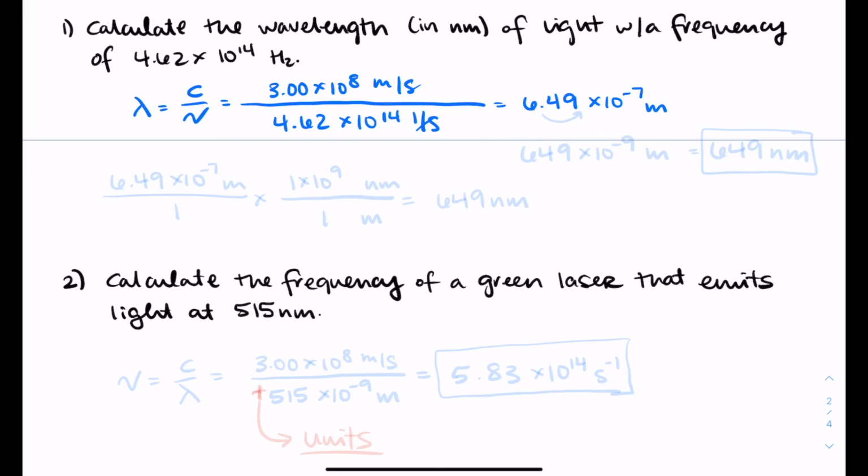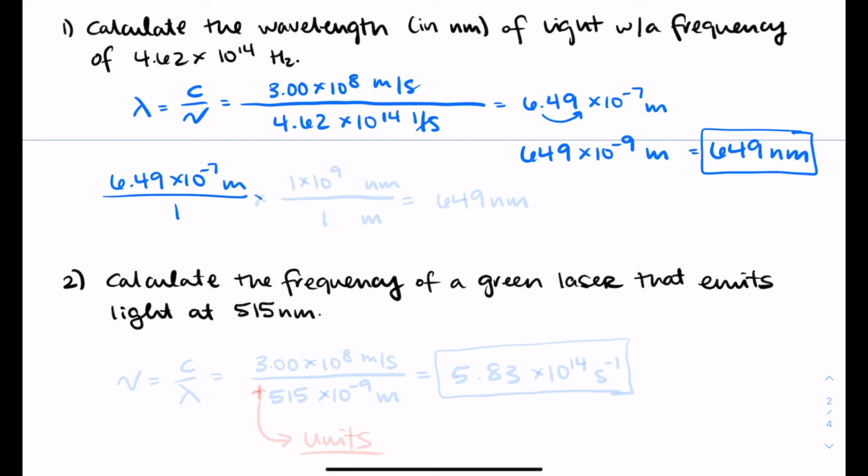But we very often express wavelengths in nanometers, especially things that are in the visible region, because then we can just say 649 if you look ahead to the answer instead of 6.49 times 10 to the minus 7th meters. So you will need to do this unit conversion. I promise you'll get very good at going between meters and nanometers during this module.